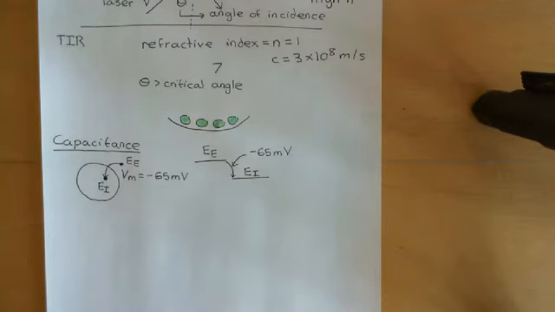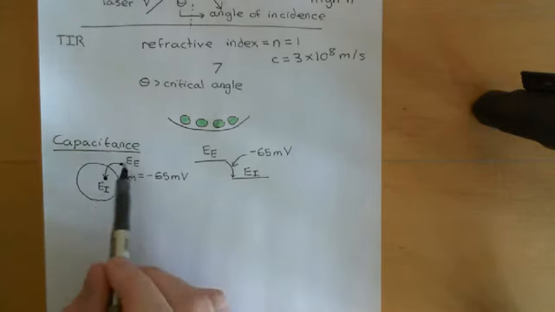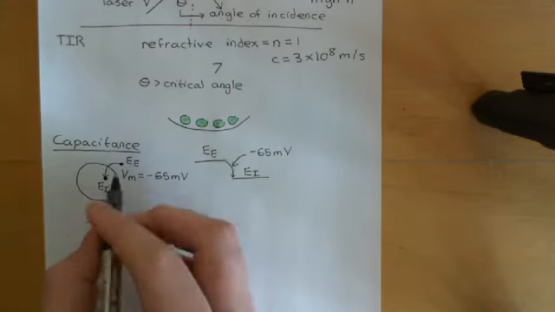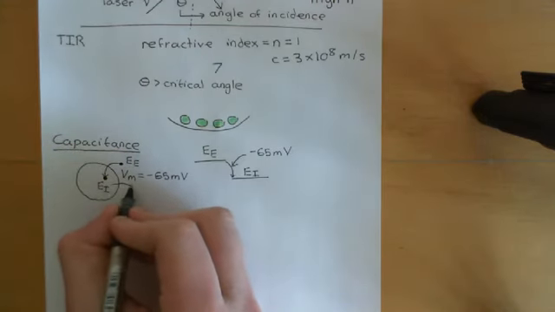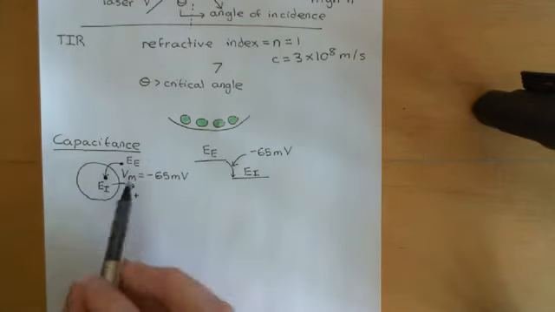Now, the motivation for understanding capacitance is that you have this electrical potential difference across the cell membrane. How do you get it? Why is the electrical potential intracellularly lower than extracellularly? The major reason is that you have moved positive charge, in the form of potassium ions, from the intracellular compartment into the extracellular compartment.